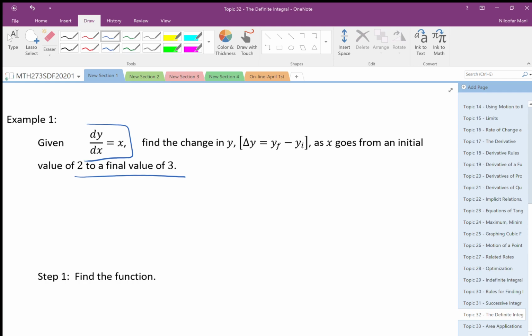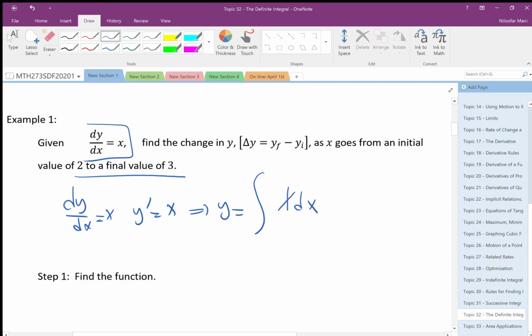Okay, see, I have the derivative, so here it is. dy over dx is x. y prime is x, right? So y is the integral of x dx, which is, you can find the answer, x squared over 2, yes? But here, I don't want that.